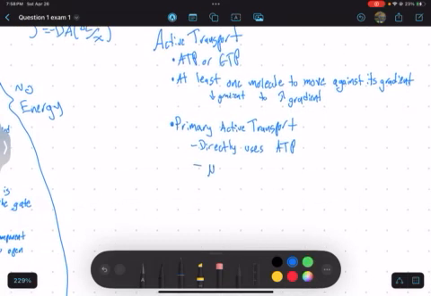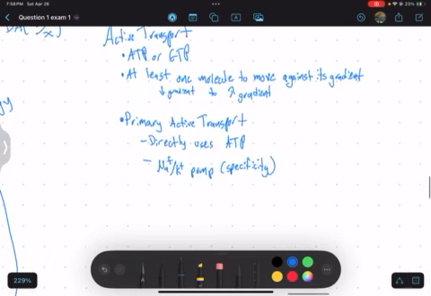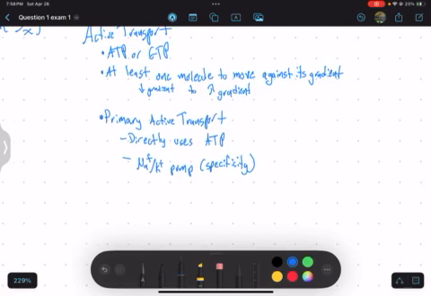One of the pumps that are very specific to this that we use in class a lot is a sodium-potassium pump, which has the specificity to sodium and potassium. It's going to let 3 sodium out, 2 potassium in.